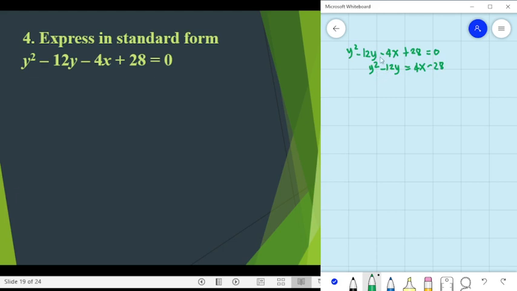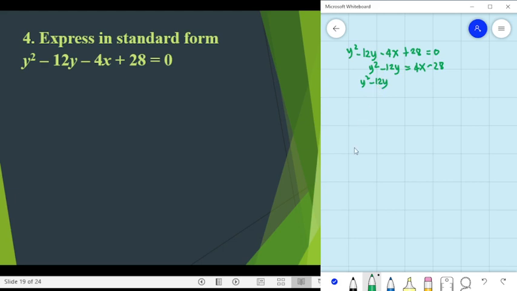Okay, so completing the squares, we have y squared minus 12y. The 12 will be divided by 2, or negative 12 will be multiplied by 1/2. So 1/2 of negative 12 is negative 6.